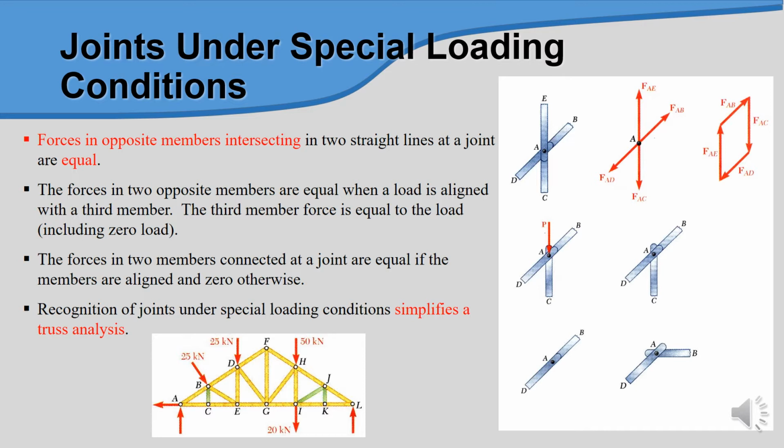So during the process of getting the value of forces acting on each member, we can see a different structure of trusses. So this condition basically can make it simplified in order to solve the problem.